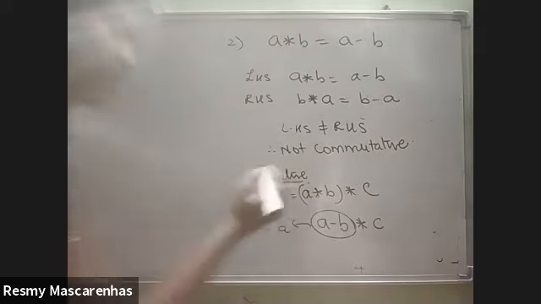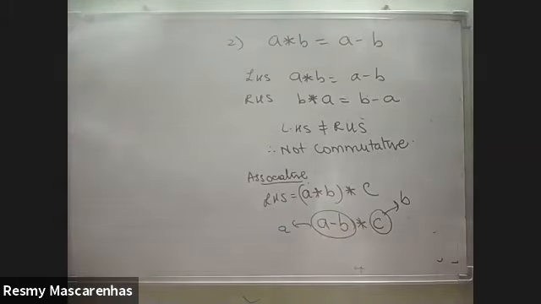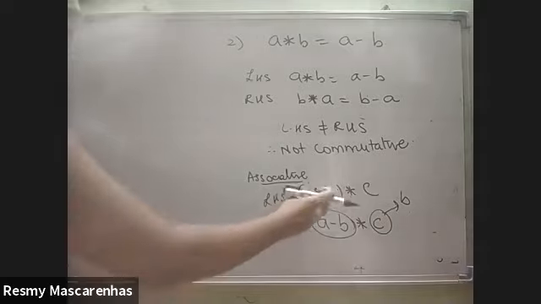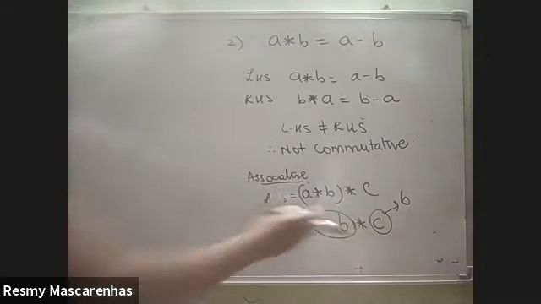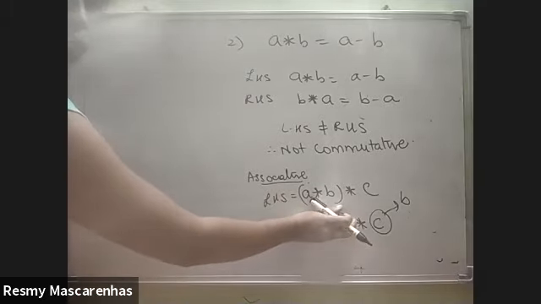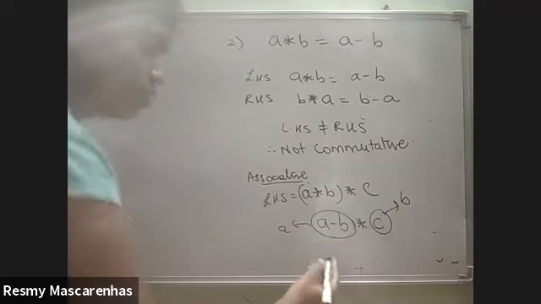This whole thing is like an A, and this fellow is B. See, A star B is what? A minus B. Fine. See, you wrote as it is. Now this full thing consider as the first term, that is A, and this is B. So A star B will be what?